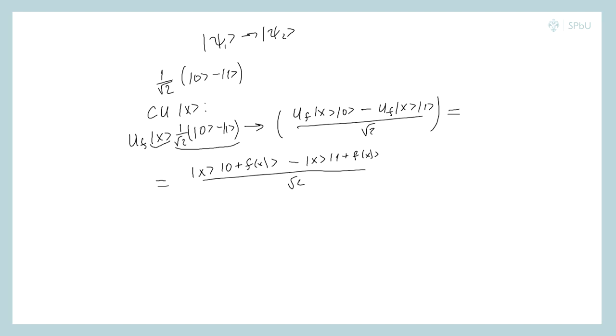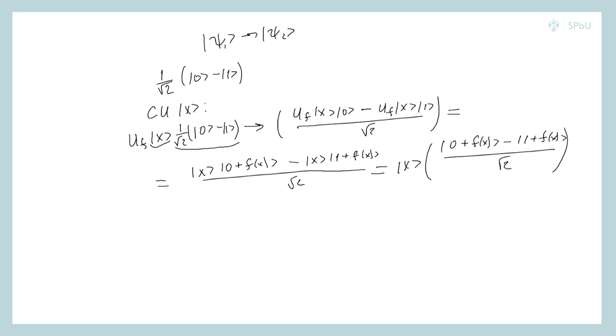And let's rewrite it in more convenient form. x, 0 plus f of x minus 1 plus f of x, divided by square root of 2. So, if f of x equals 0, then the target register is still unchanged.